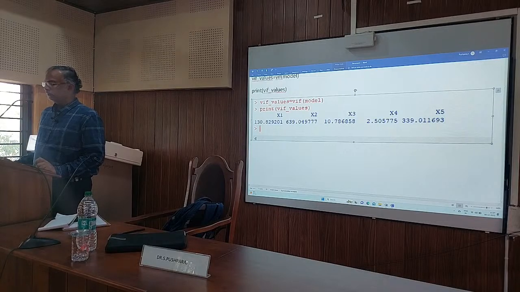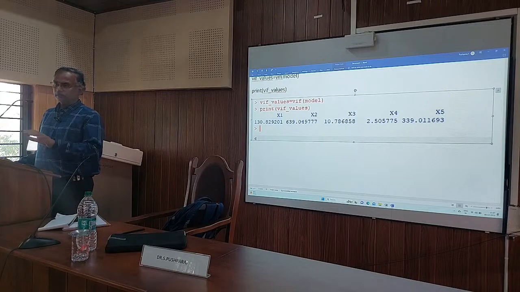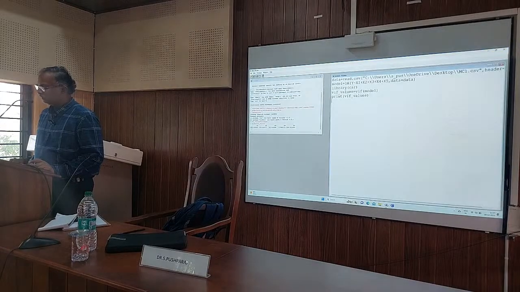More serious is 639, then 339, then 130. We will remove it and run the regression model. Then we'll check. So we have to run the regression model.